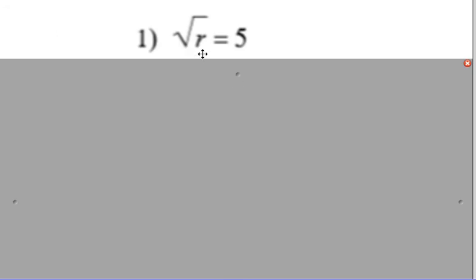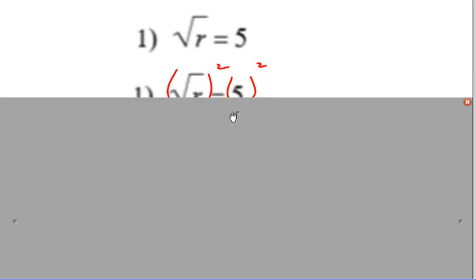Right, we have the square root of r is equal to 5. This is isolated, the radical is isolated, so we're going to square both sides.